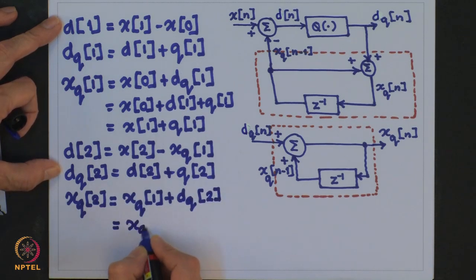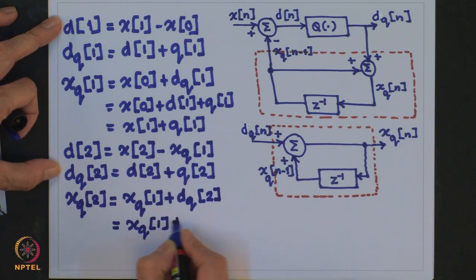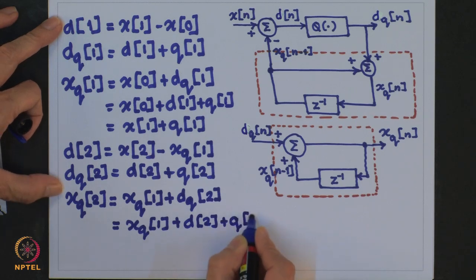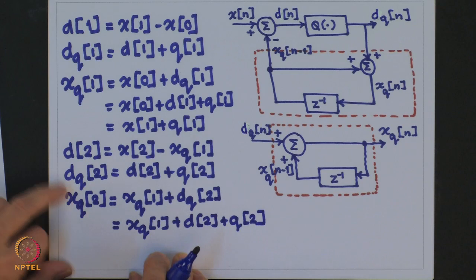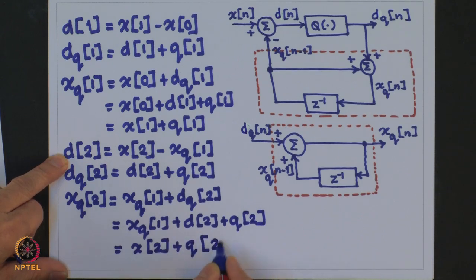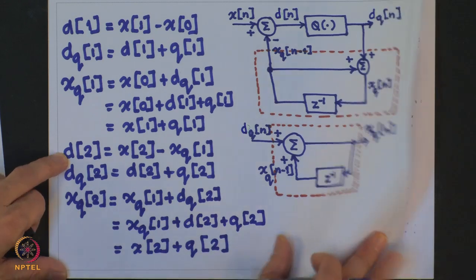This I can rewrite, and from here you can see that this is nothing but x2 plus q2. Interesting. I get only one term out here which is going to bring about the distortion in the reconstruction of the second sample, unlike the previous case where I had q1 also.